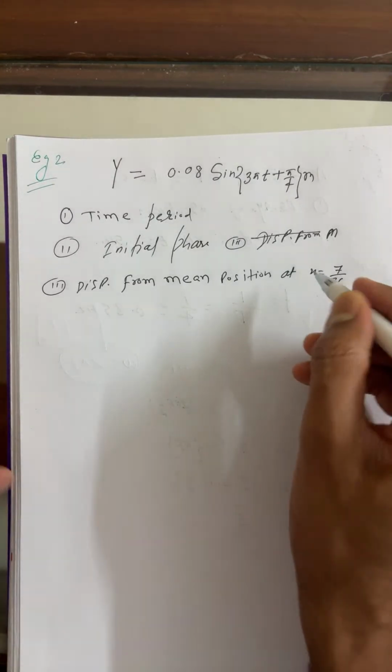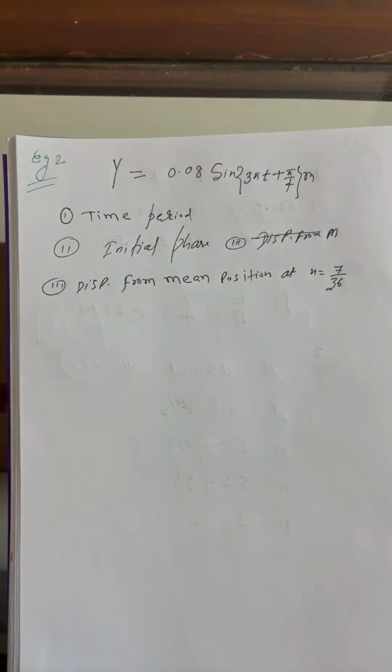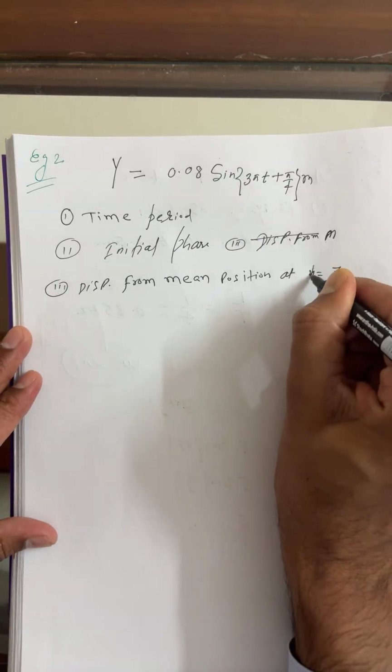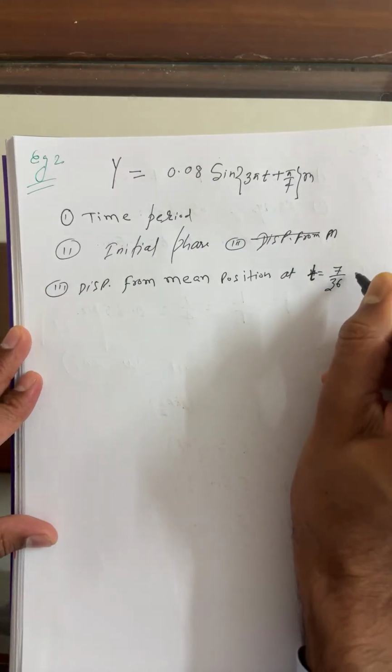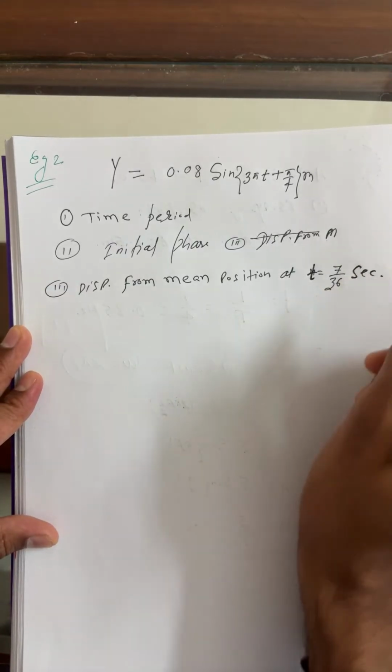Displacement we have to find here. So you can take t as 7 by 36 second.